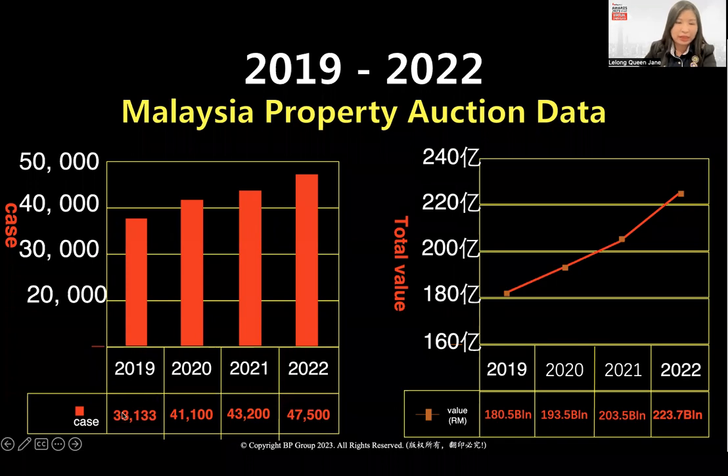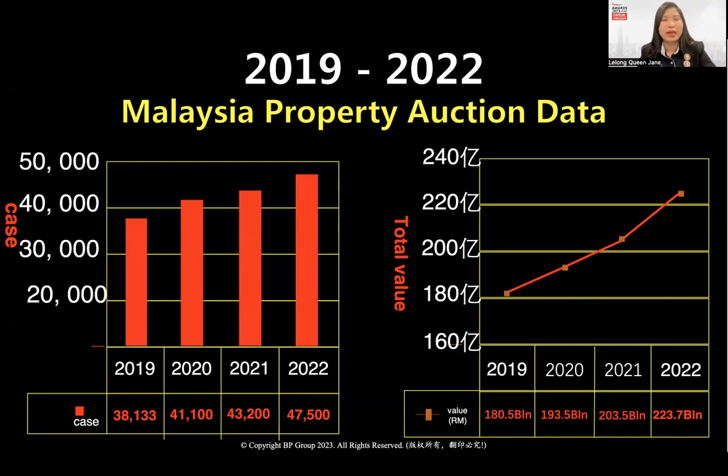Since 2019, around 38,132 cases have been conducted for properties being auctioned, and last year there were around 47,500 cases. In the market there will always be auctions. It's like a natural resource, and more and more properties will be auctioned. Because as you can see, there is a lot of property in Malaysia, and banks now make it quite easy to get a loan.